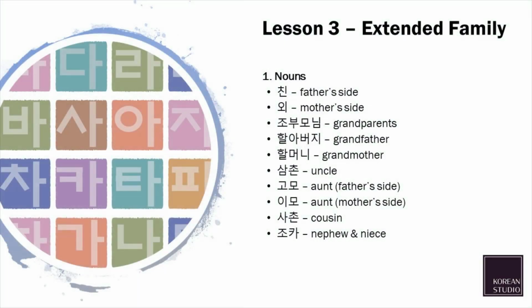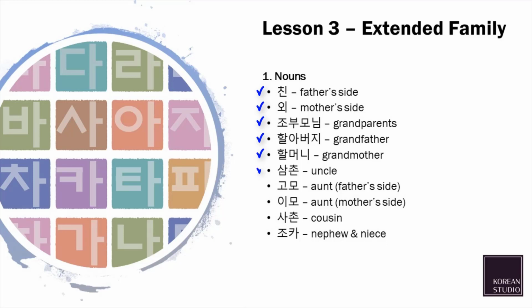So today we learned that 친 refers to the father's side of the family and 외 refers to the mother's side of the family. And we can use these words in front of other family titles to say which side of the family they're from. The word for grandparents is 조부모님, and grandfather is 할아버지, and grandmother is 할머니.